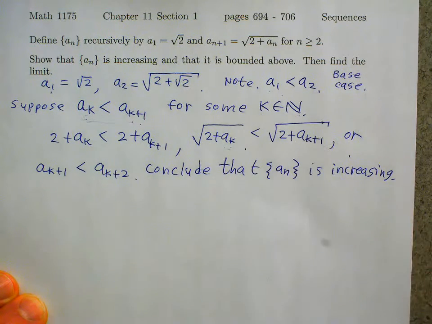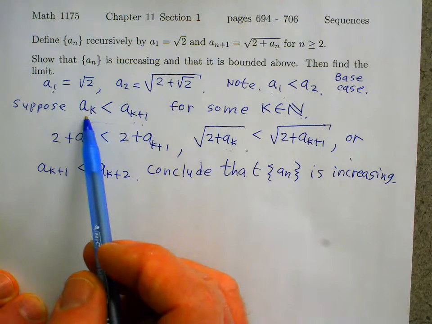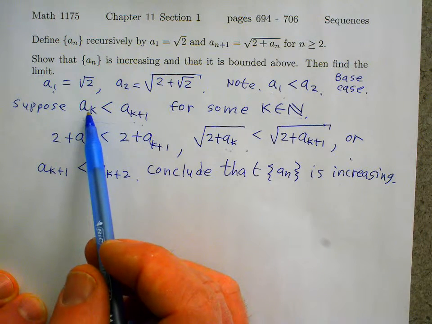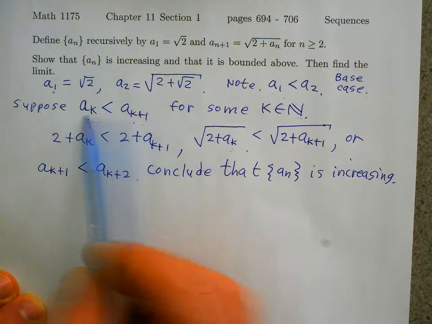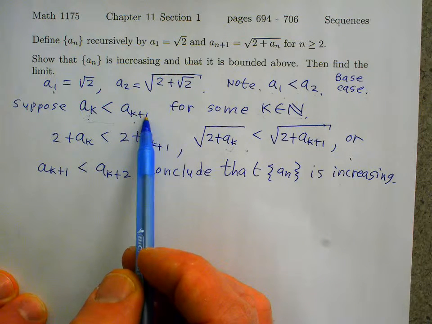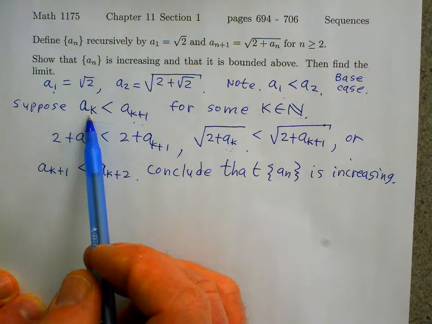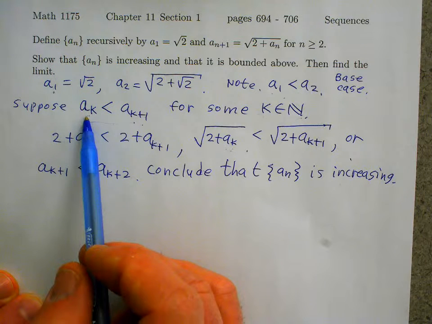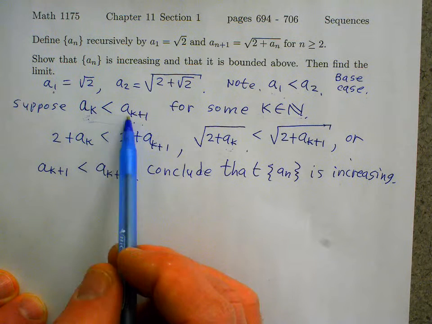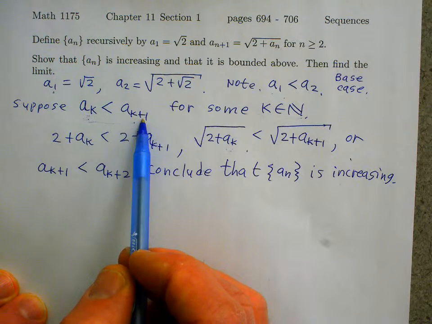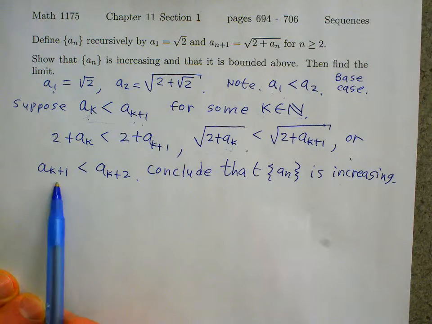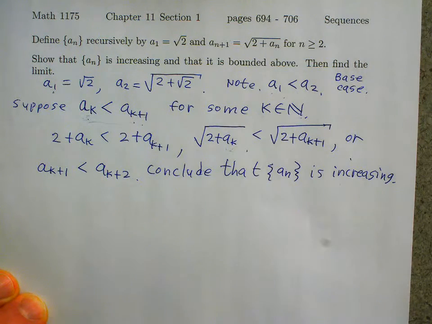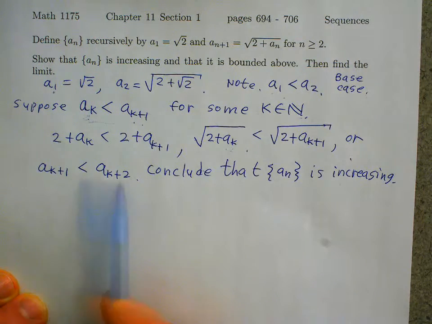And then we assume that it's increasing for another pair of consecutive terms. And we showed that if it holds for a sub k less than a sub k plus 1, it's also going to hold for the next pair, a sub k plus 1 is less than a sub k plus 2.